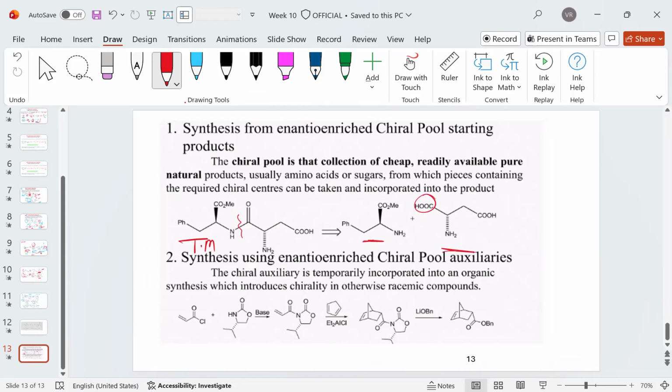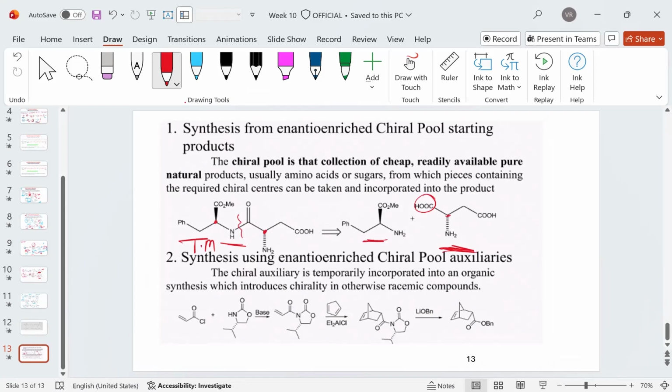So basically, this is an example of chiral pool synthesis. From these two chiral centers, we just use these two substrates in pure form, so we get our target molecule in the same pure enantiomeric form, with the same chiral centers induced. So this is the chiral pool approach.